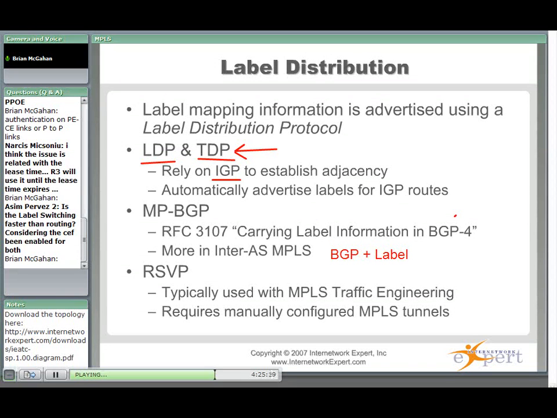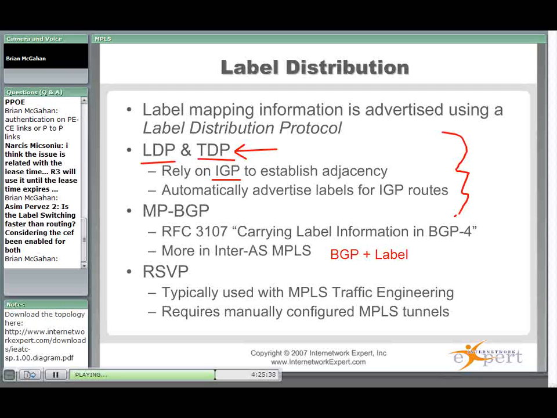Okay, the last one that we're going to see is through resource reservation protocol, and this is going to be used typically with MPLS traffic engineering. Brian Dennis is going to cover some examples where you can use RSVP without traffic engineering to directly advertise labels between neighbors.